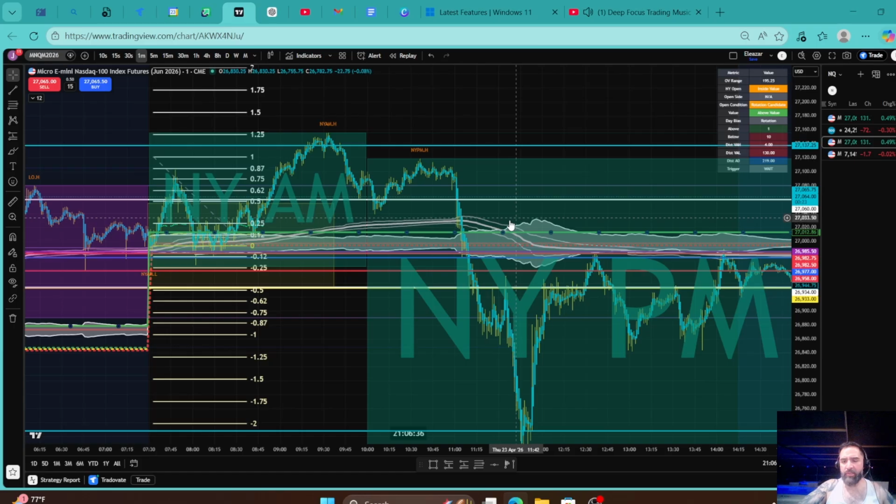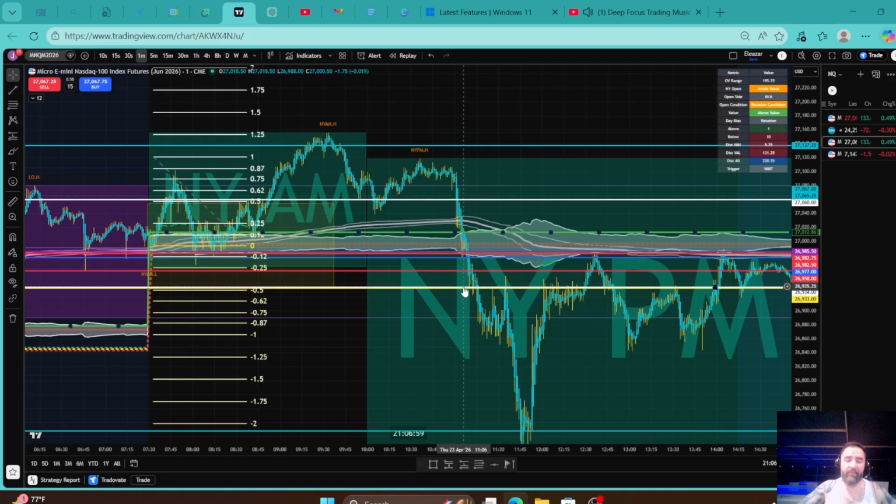I was reading the structure. I was seeing the liquidity. Okay, I was seeing the intent, where the price wants to go, and that's something that I've been working on for a long time. Now, I'm gonna be honest with you guys. It's not perfect yet. I'm still not perfect. Okay, there are still things that I need to refine.